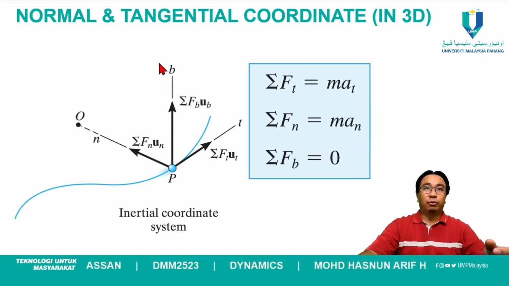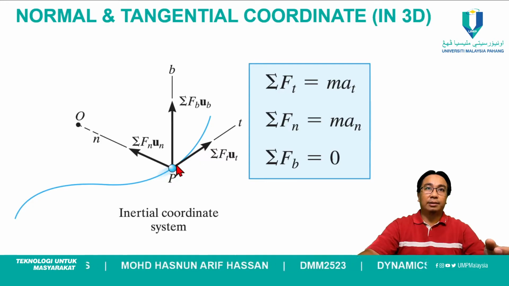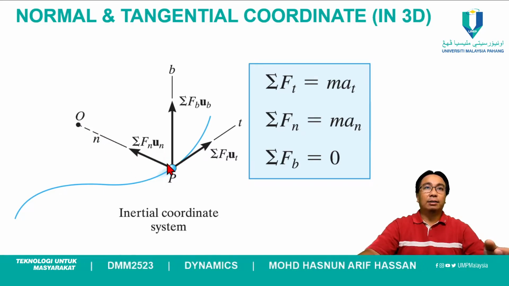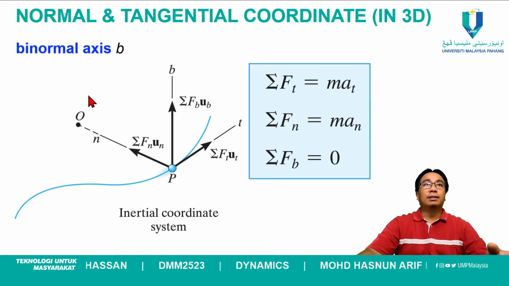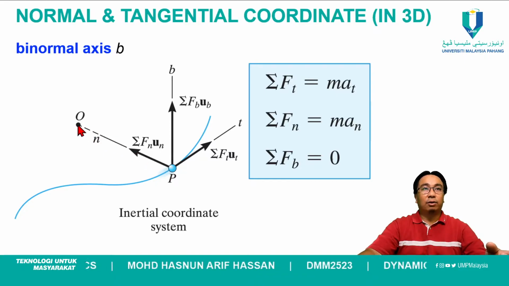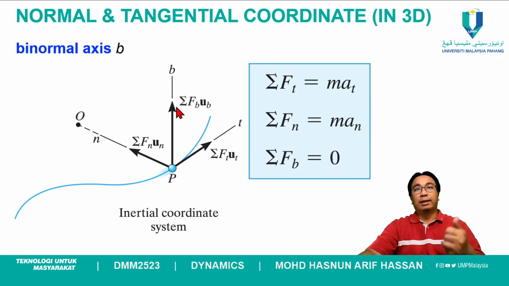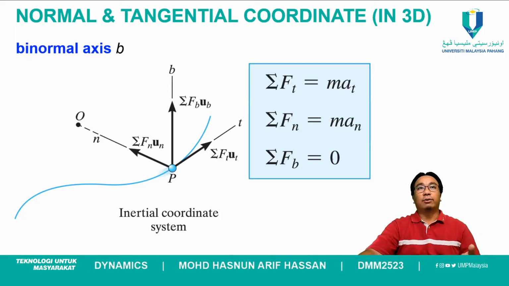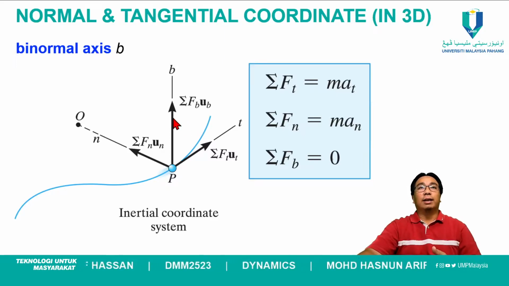But just for your knowledge, if the tangential axis is pointing in this direction, tangent to the path, and normal axis is pointing towards the center of the arc, then for three-dimensional, there will be another axis pointing up here, which is 90 degrees to t, 90 degrees to n. This is called the binormal axis. This is the normal axis pointing to the center of the arc, and the axis pointing up in the z direction. If you imagine x, y, z coordinate, the binormal axis is basically representing the z axis.